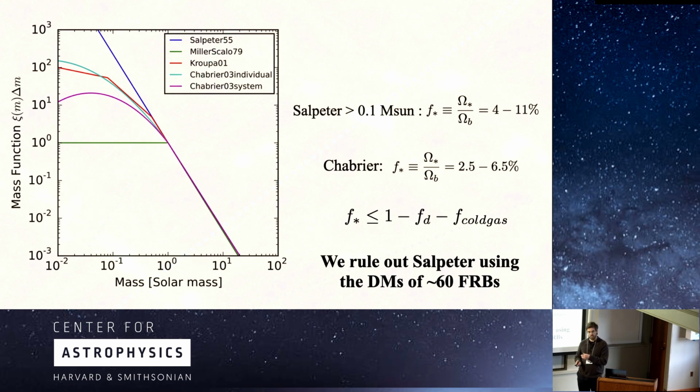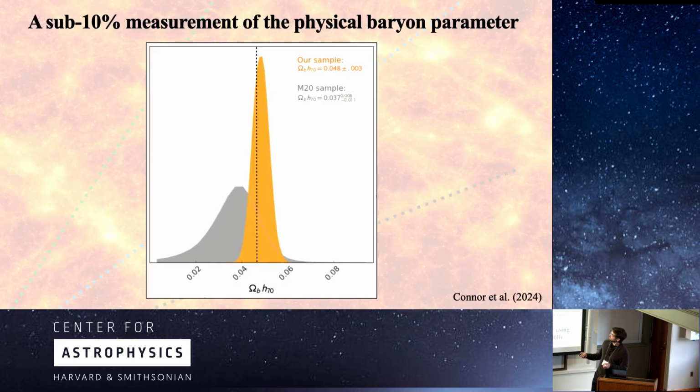And therefore, you can rule out certain IMFs. Because we're seeing so much dispersion measure for this cosmic sample, you can rule out bottom-heavy stellar initial mass functions, for example, Salpeter with a minimum mass cutoff of 0.1 solar masses. We get a sub 10% measurement on omega B.